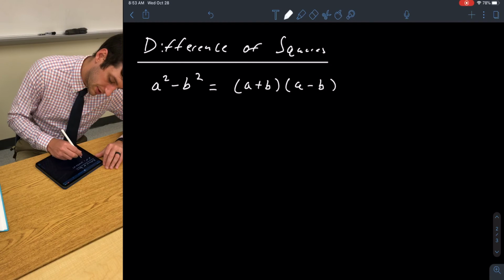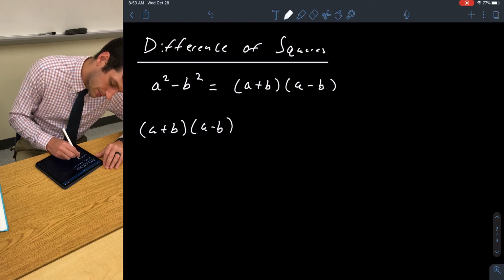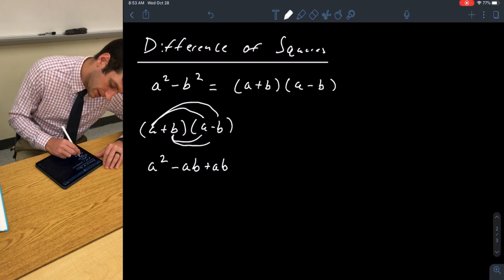I'm going to show you that this is true. So let's FOIL this. A plus b, a minus b. A times a is a squared. A times negative b is negative ab. b times a is positive ab. b times negative b is minus b squared.